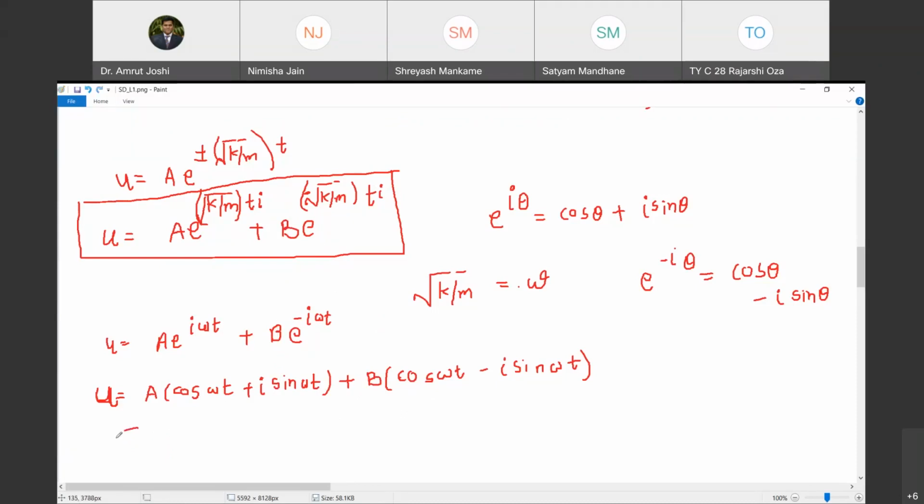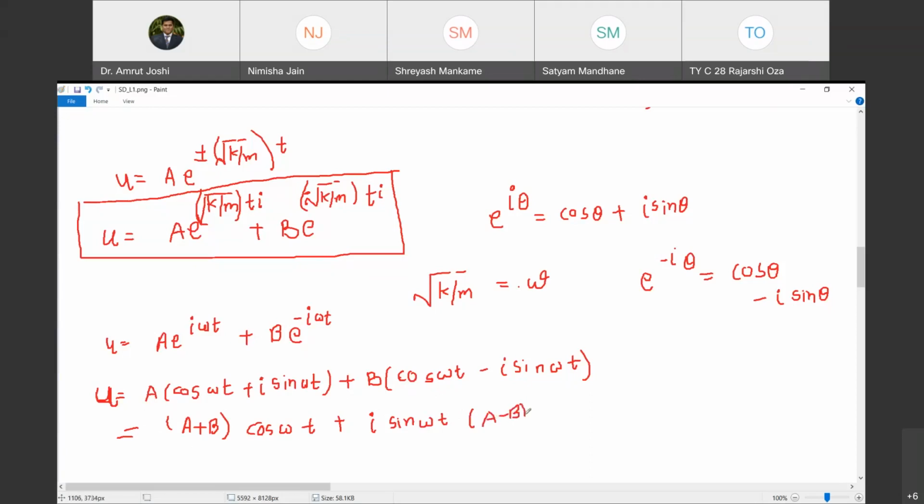So now, if I take cos omega t common, it is going to be a plus b. Do you agree with me? Yes, sir. And if I take plus i sin omega t common, it is going to be a minus b. Do you agree with me?